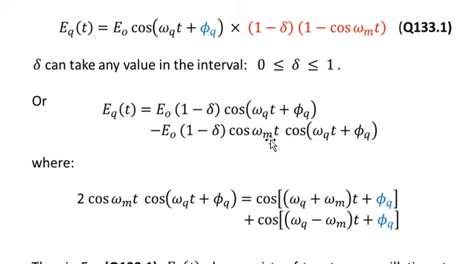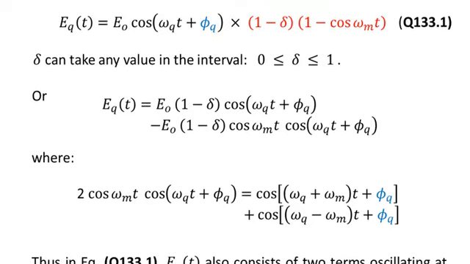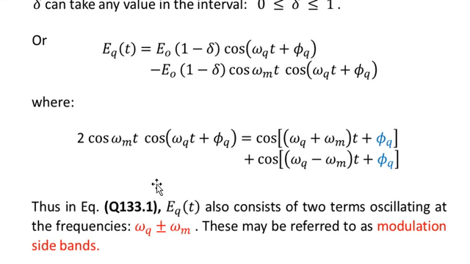But now we are going to expand this second term. This second term can be trigonometrically proved to be equal to cos of omega_m t times cos of (omega_q t plus phi_q) if you multiply it with 2, and also you need to divide by 2 over here, so the rest of the factors will be divided by 2, that is E_0 into (1 minus delta) divided by 2, and the 2 will be multiplied to this factor which I have written over here.